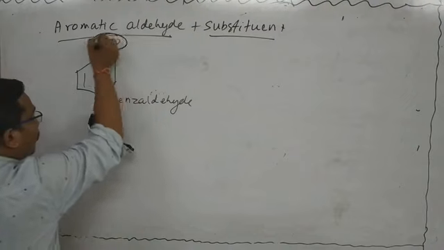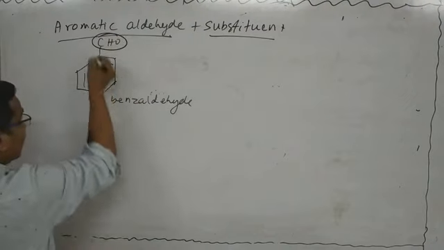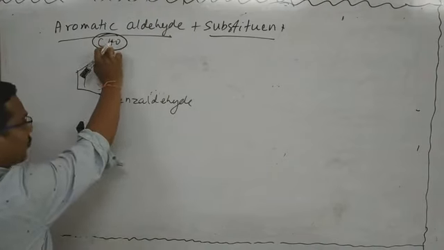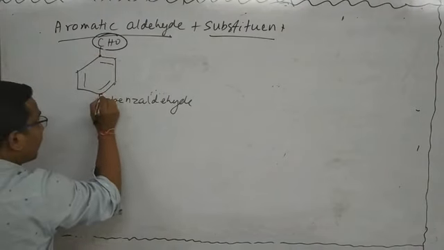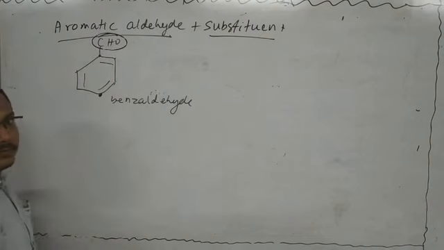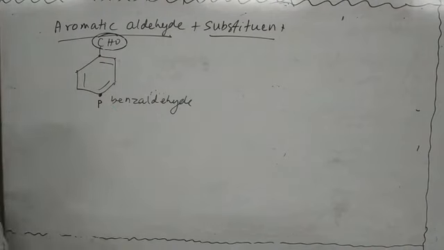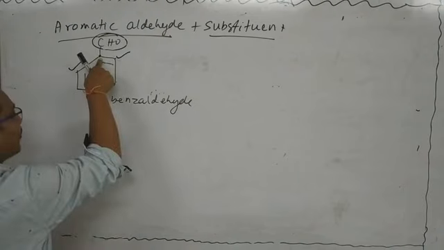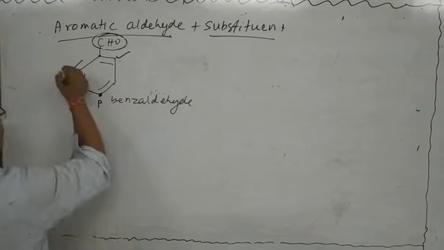This is the functional group of the aldehyde, and this position is opposite to the functional group CHO. So this is the para position, and this is adjacent to the carbon which contains the CHO group.